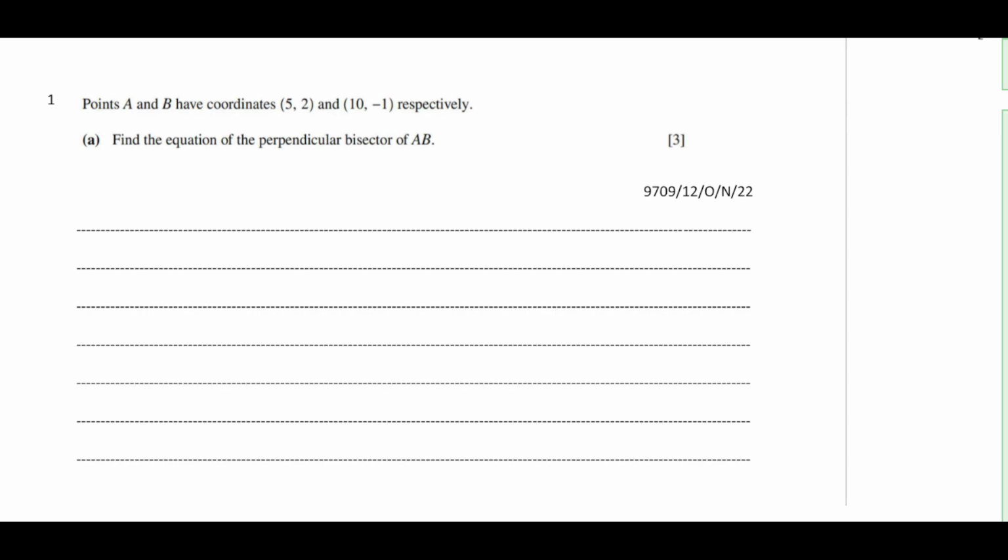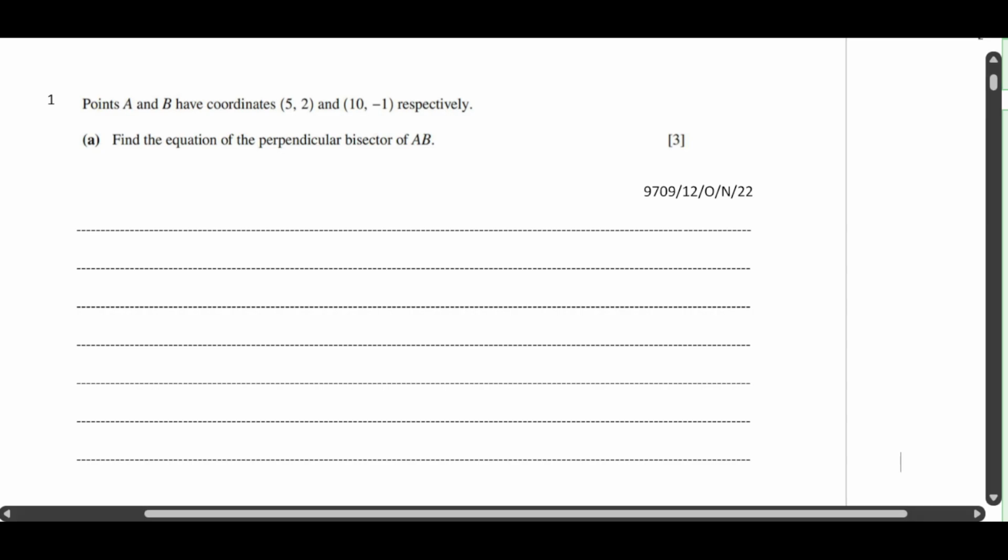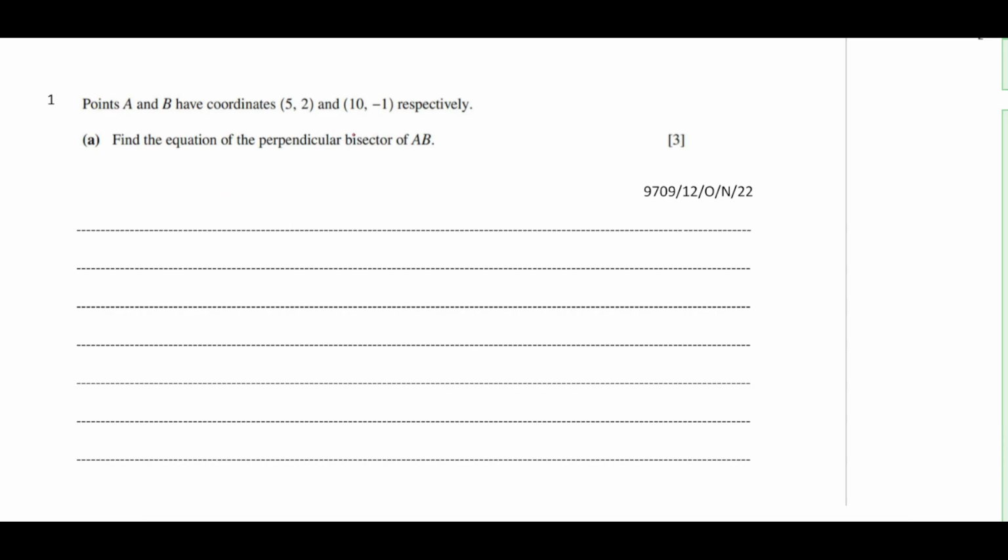Now, if you observe over here, the perpendicular bisector of AB. So we have to first find the midpoint of AB, right? So we will use the midpoint formula. Midpoint of AB.